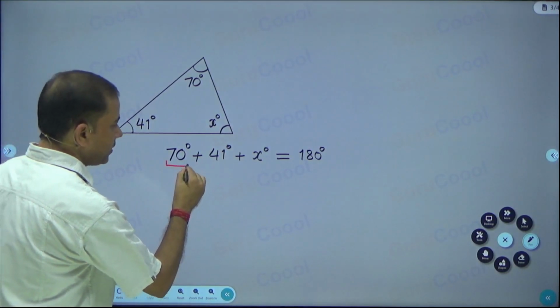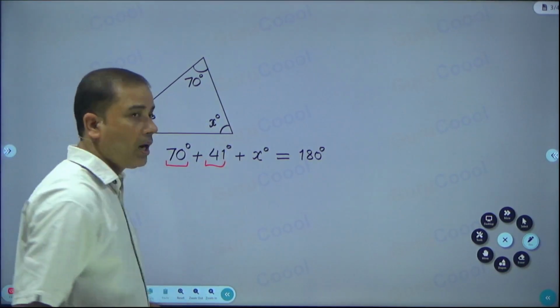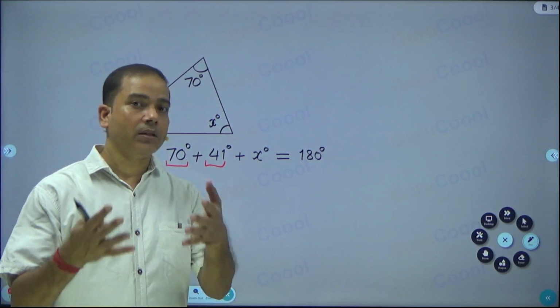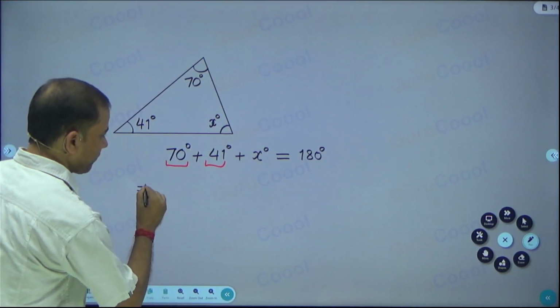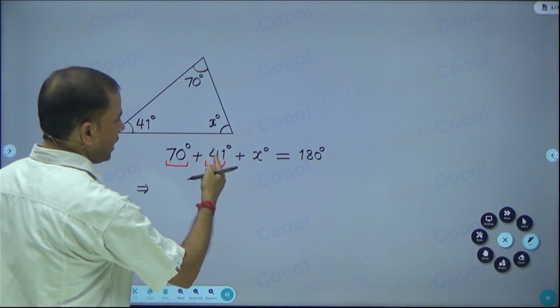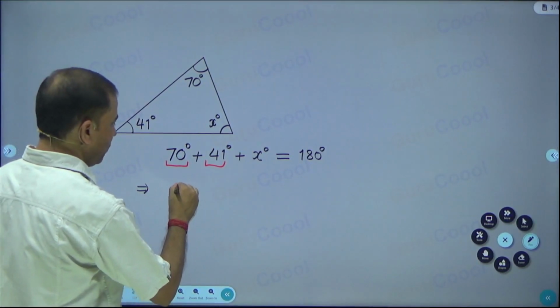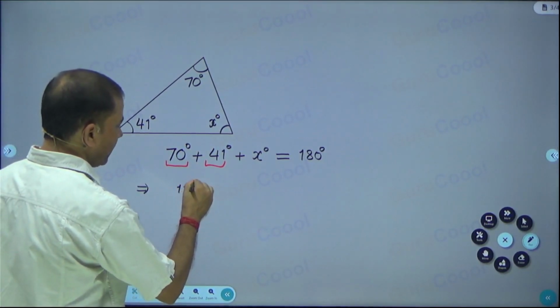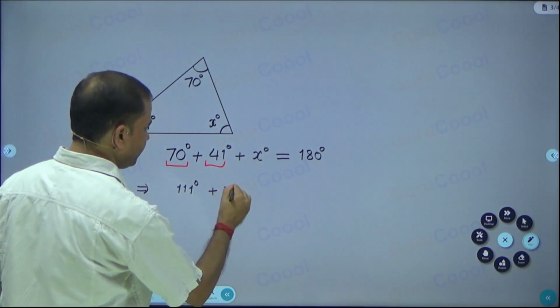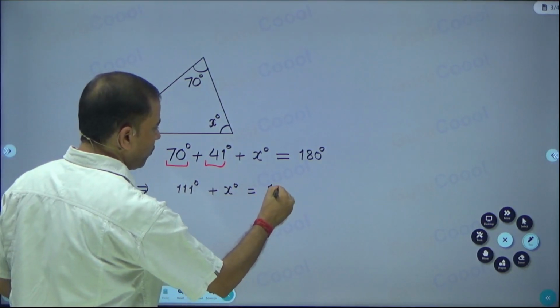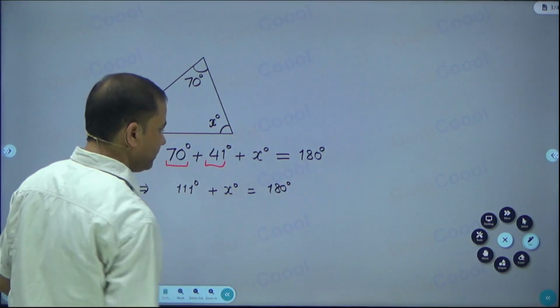70 degrees and 41 degrees are like terms, they are constant values. We can add them together. 70 degrees and 41 degrees is 111 degrees, plus x degrees, and that is equal to 180 degrees.